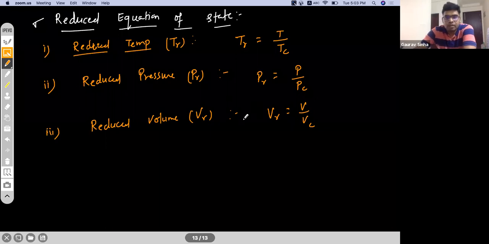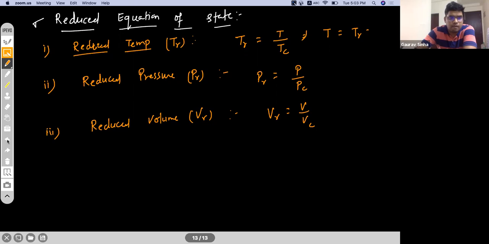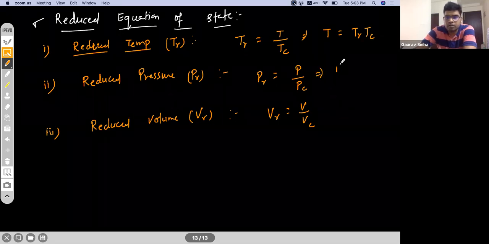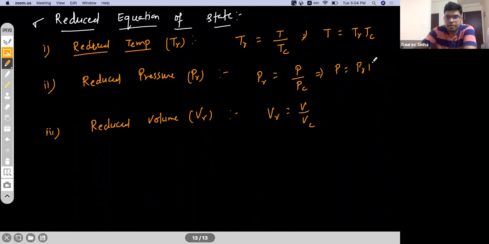Okay. So from all these expressions, if I find out temperature, T is equals to what? Tr into Tc. It's very simple. Tr into Tc. P is Pr into Pc. And V is Vr into Vc.